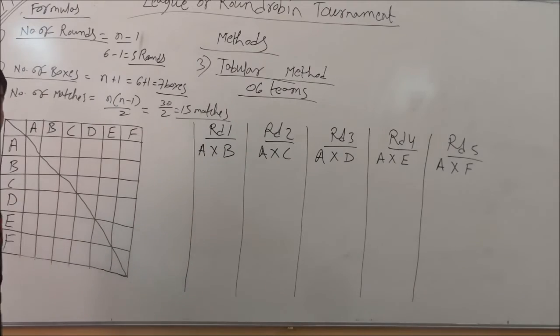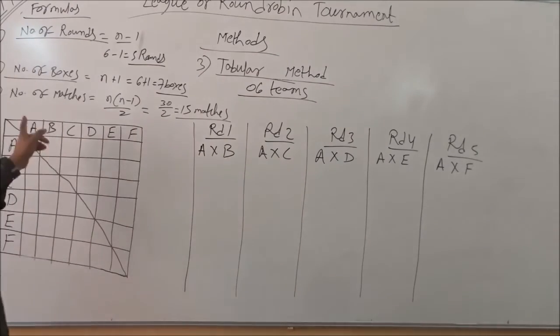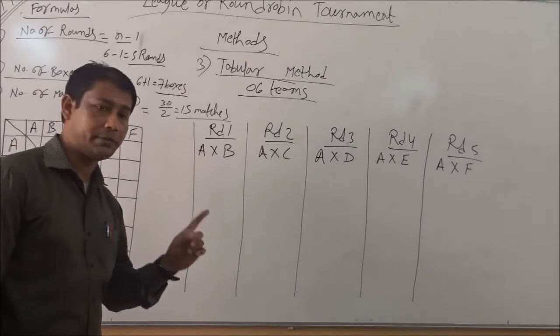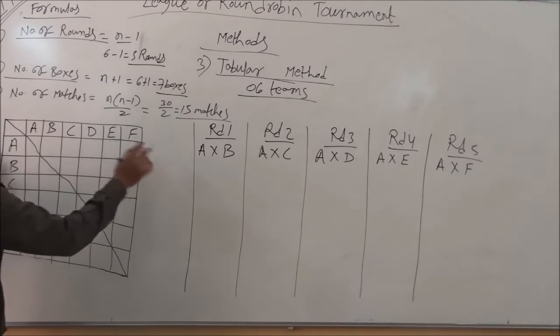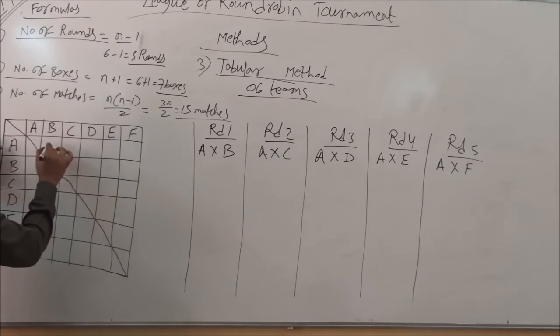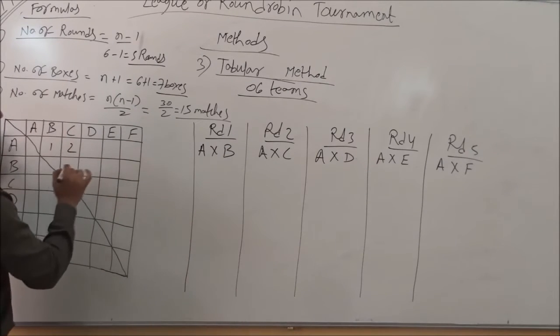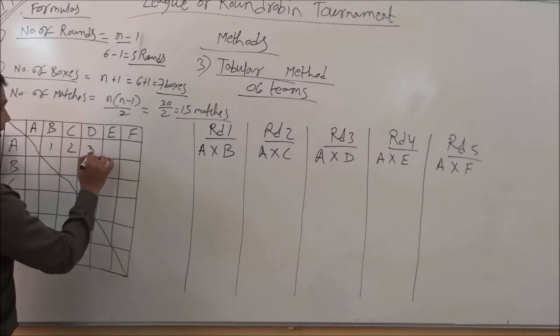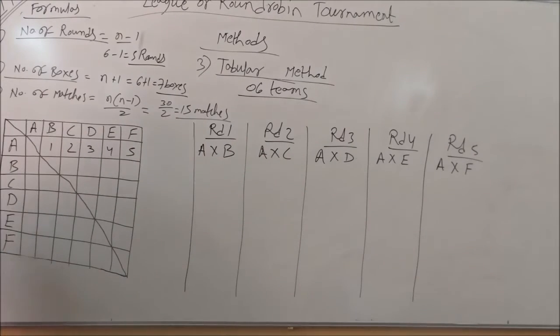Here, one thing we need to keep in mind is that a team should not be repeated in any round. Any team should not be repeated more than once. So we need to mention A is playing with B in round number 1, A is playing with C in round number 2, A is playing with D in round number 3, and likewise. Just we have mentioned the round number.